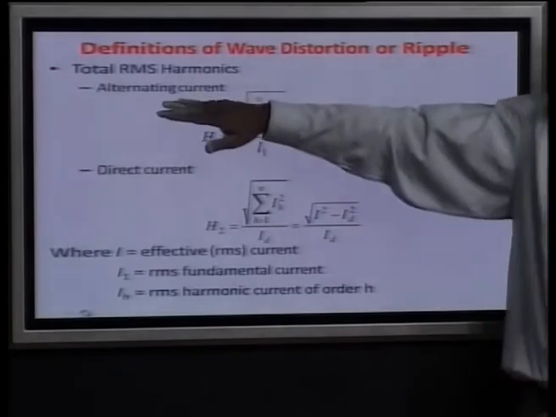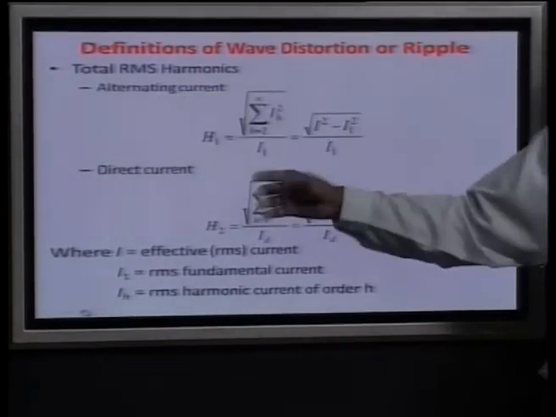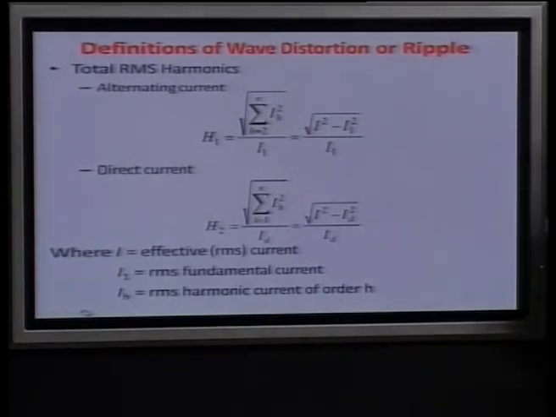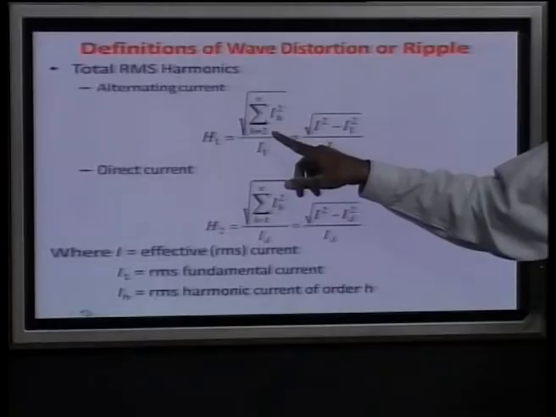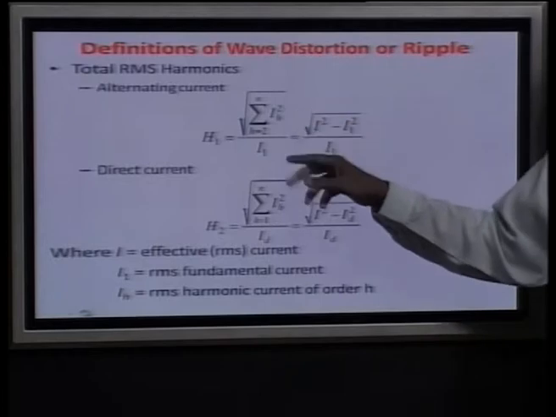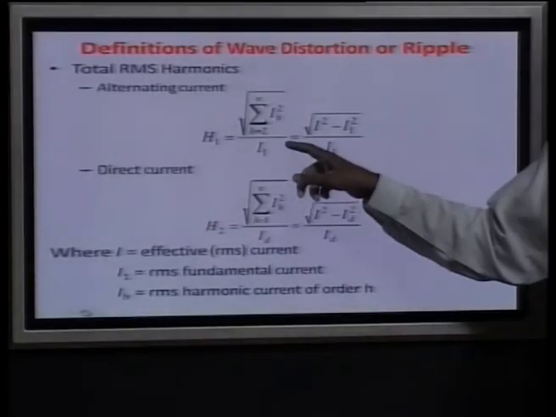If you are talking about the AC current side, here the harmonics component means all the RMS currents added, the square of the RMS current except the fundamental. It starts with the 2nd harmonic, added up to infinity, all the components, their squares added. Then you take the square root, divided by the fundamental component.